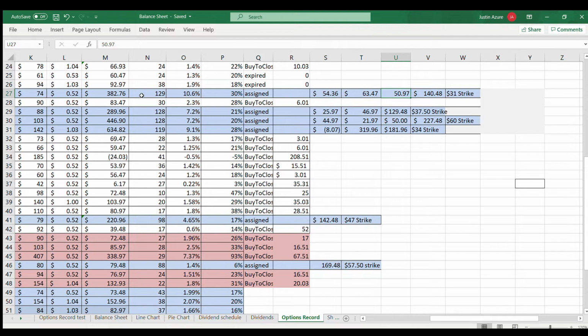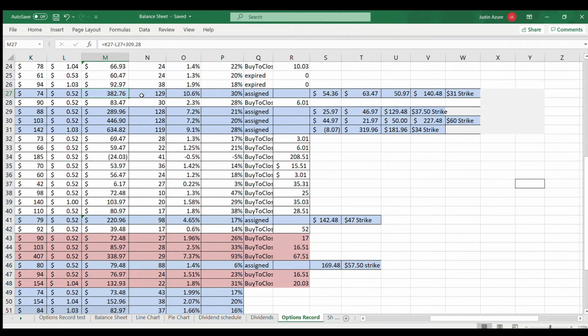And then I sold another covered call. And then another covered call. So all this money is added up to our premium. And I have a $31 strike price. So the money received is $382.76.